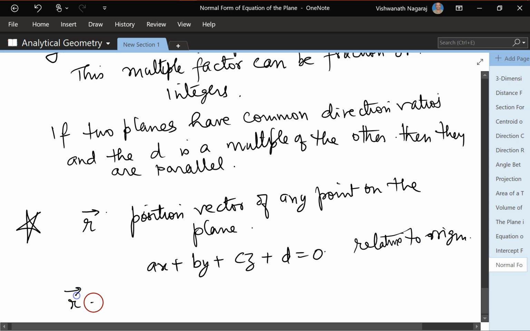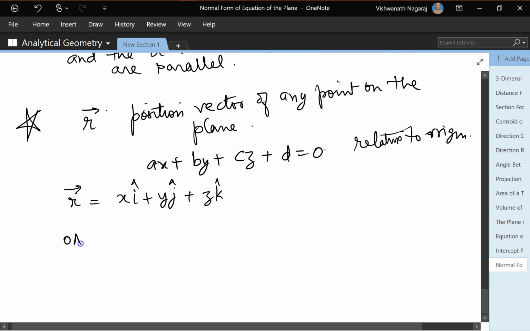So that means this can be written as xi plus yj plus zk, and let the vector n be ai plus bj plus ck. Now remember, this is not the unit vector, this is the normal vector.